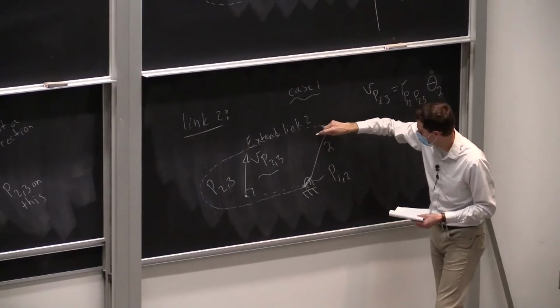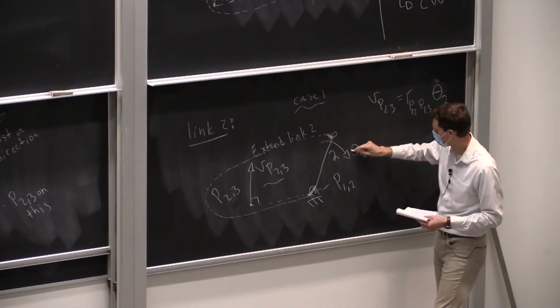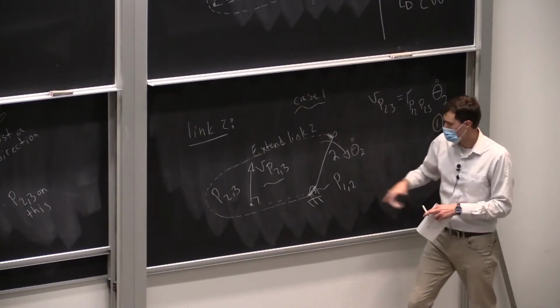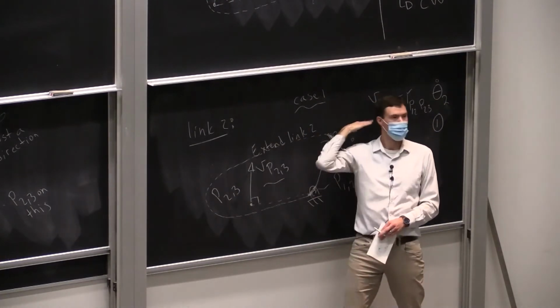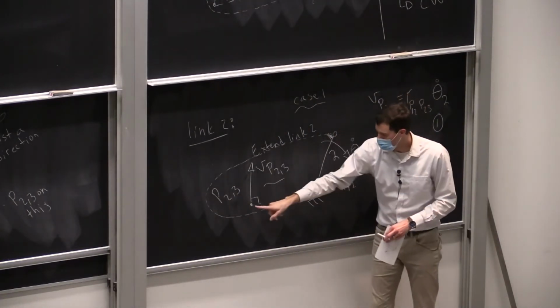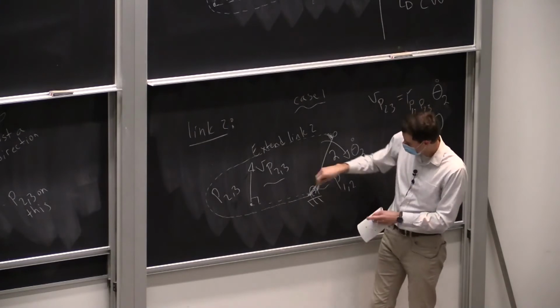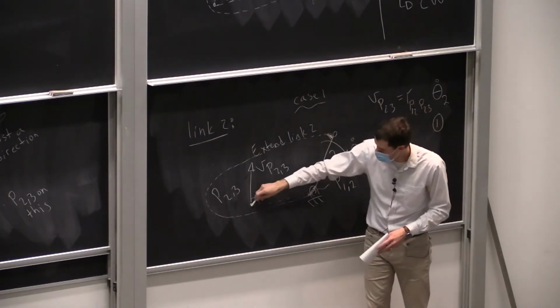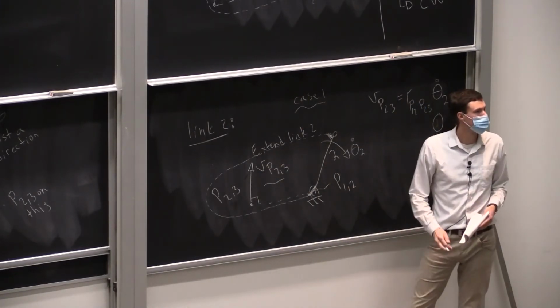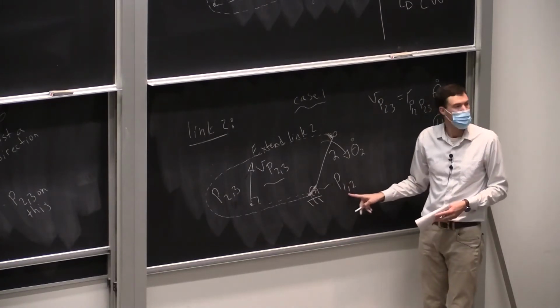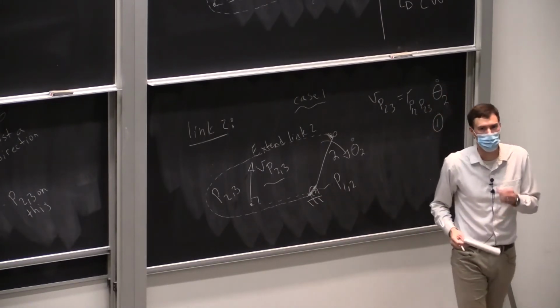So link 2 is rotating clockwise, which means all the points should be going this way. So I knew P23 is on link 2 in our thought experiment here, so it had to be up, just circling around this pivot point P12. Any other questions about this?